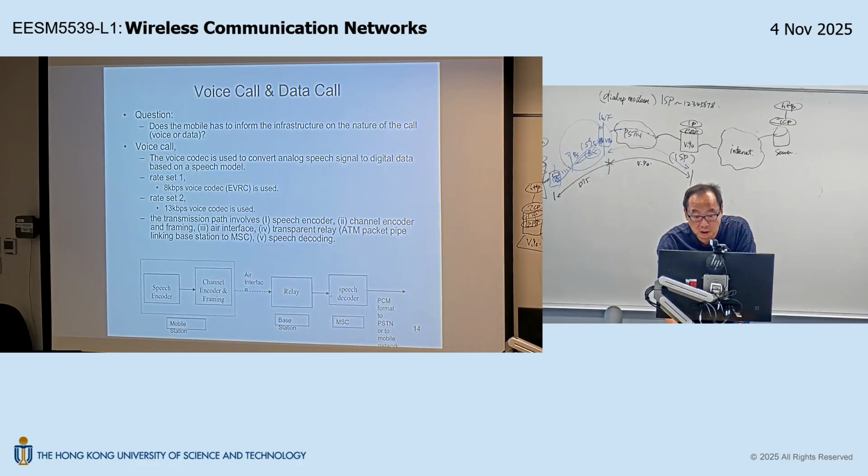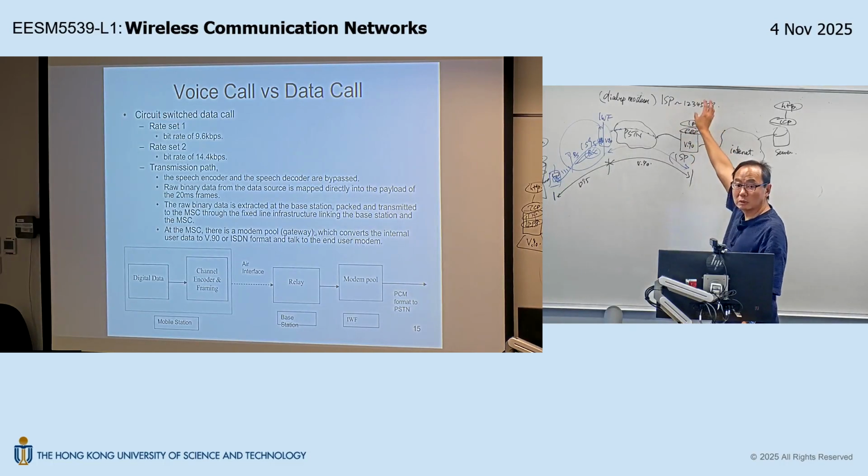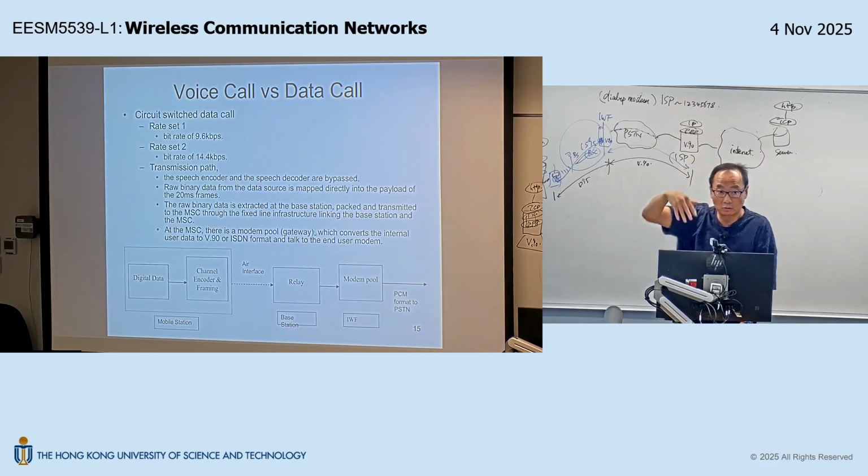If you're making a data call, the interworking function needs to terminate your call. So even though the radio interface is transparent, like digital passengers, you still need to indicate the type of call, the 1 bit of extra information in the call request message.